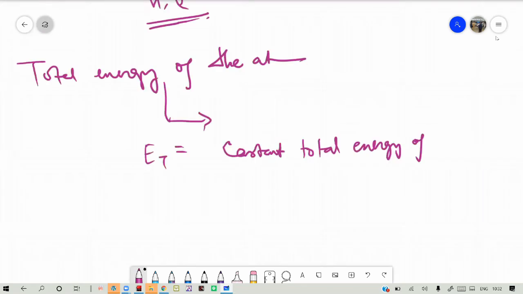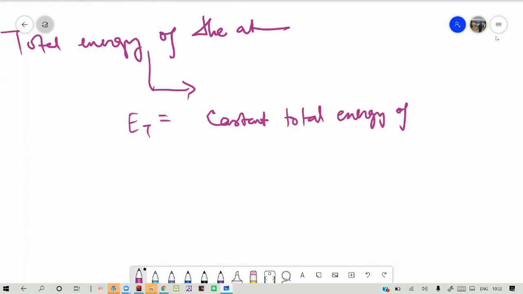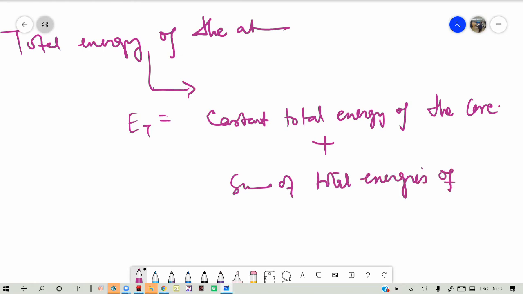of the core. Core means everything except the optically active electrons, which are free, valence electrons in rough terms, plus the sum of the total energies of the optically active electrons.